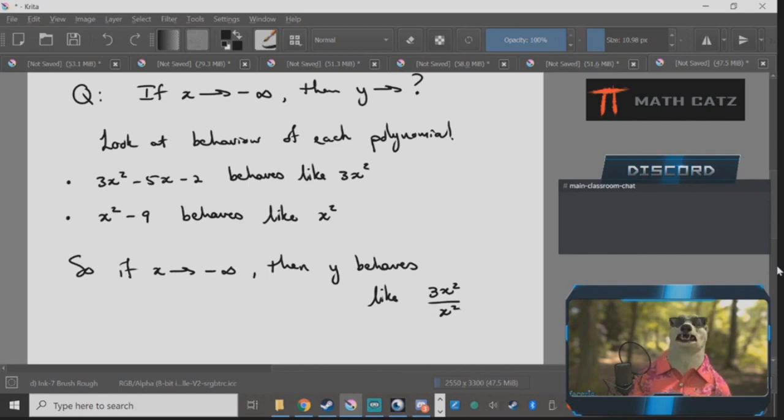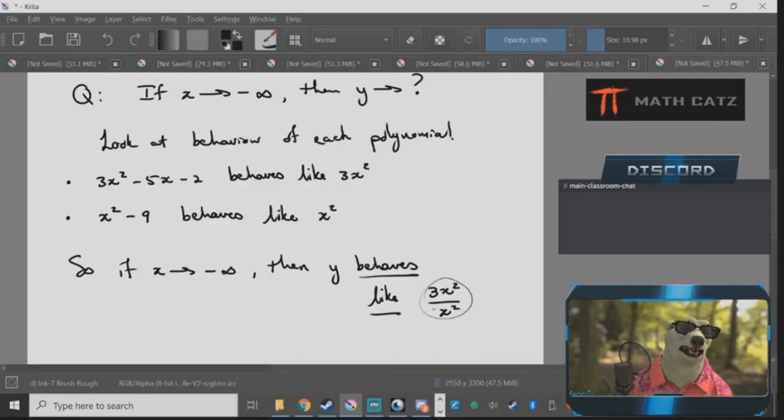I will never say y equals 3x squared over x squared, because it doesn't. It simply wants to become that function. It is heading closer to that function as x gets bigger and bigger in size. It's never going to be the same, which is why I'm emphasizing behaves like, not equal. Never equal, actually.